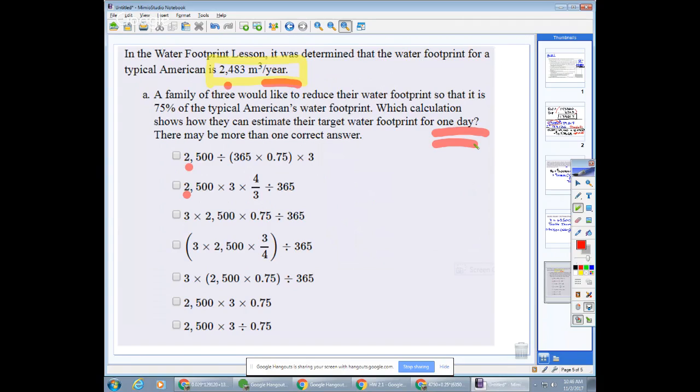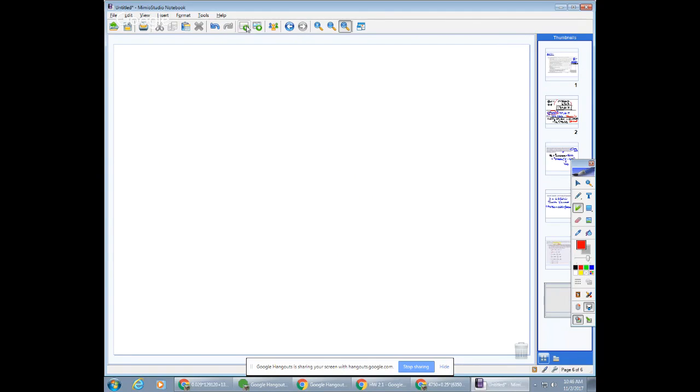So we got to get rid of years and convert to days. And there could be more than one right answer. So I'm going to bring out another piece of paper. We've got a water footprint of approximately 2,500 meters cubed per year.